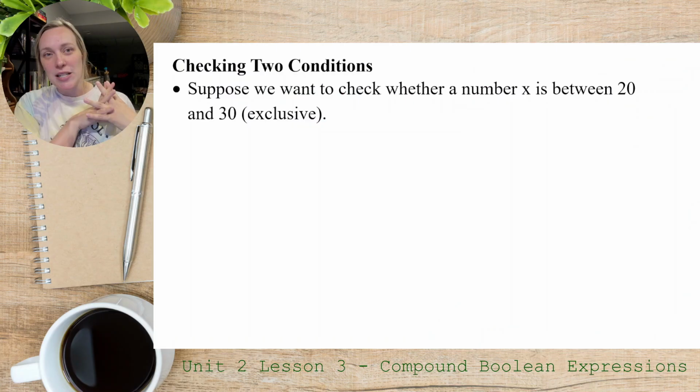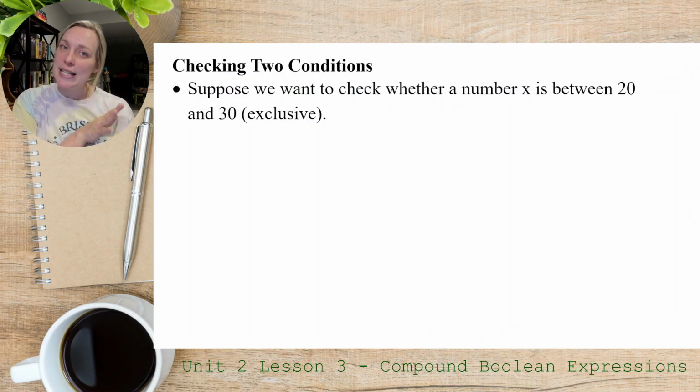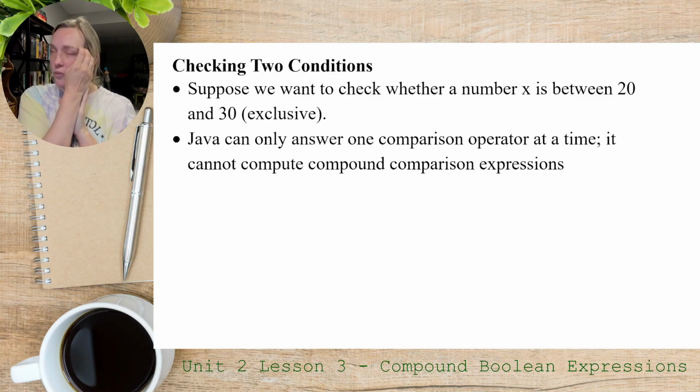So checking two conditions, we introduced this idea in our last lesson, and we have a way to check two conditions, but we're going to learn another way today. If I tell you, let's check to see if a number X is between 20 and 30 exclusively, the way Java evaluates expressions, it can only answer one comparison operator at a time.